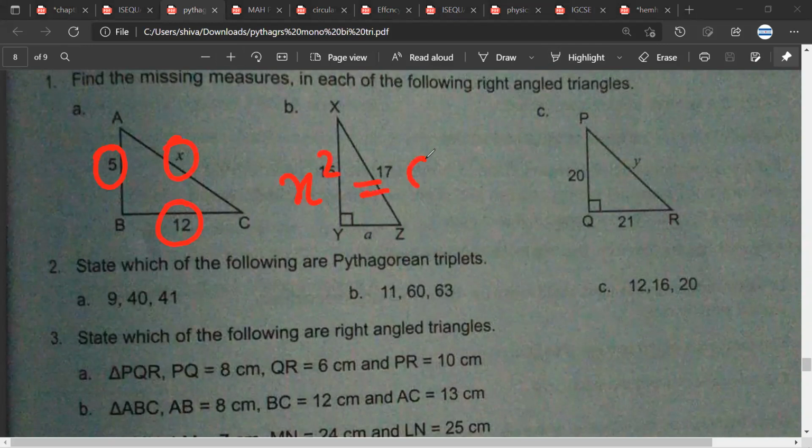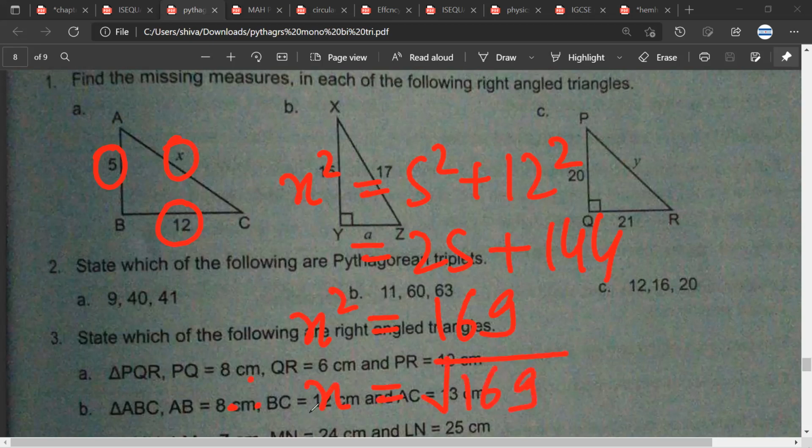So, x square would be equal to 5 square plus 12 square. This would be 25 plus 144. This would be 169. Mr. Sarthak, x would be? So 169's prime factors. Now, as you start doing the questions, you will slowly start remembering the squares of the numbers. So, the square root of 169 would be equal to 13. And the answer is 13.